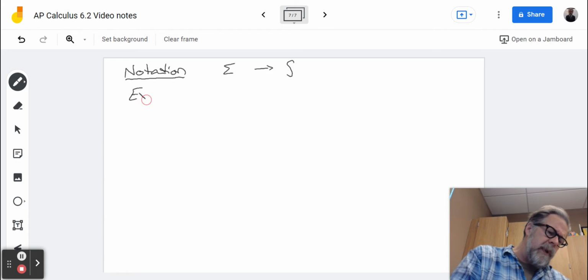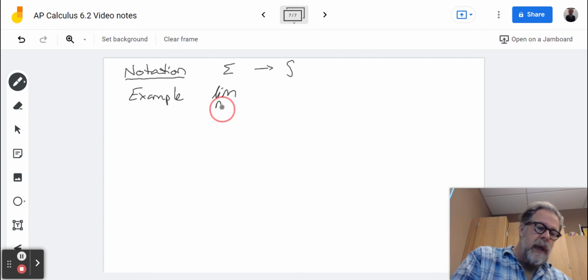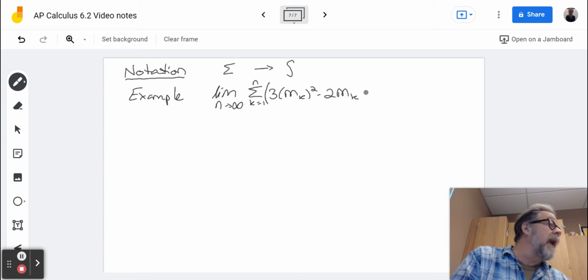So our example is as follows. We want to take the limit as our number of partitions goes to infinity of the sum from our index k equals 1 to n of the following equation: 3 times m sub k squared minus 2 times m sub k plus 5, delta x.